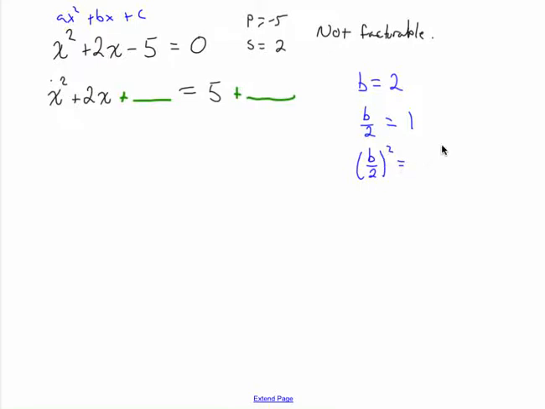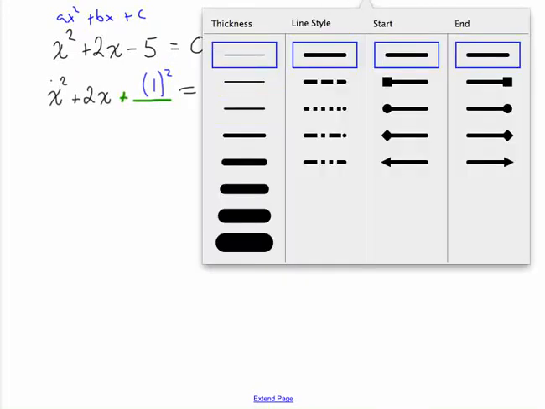And you'll see in a second why I'm doing this. You need to square it. So 1 squared is 1. But you're going to leave it written like this rather than actually just simplifying it to 1. So plus 1 squared, but whatever I do to one side, I have to do to the other. 1 squared. Okay? So how does this actually help me?